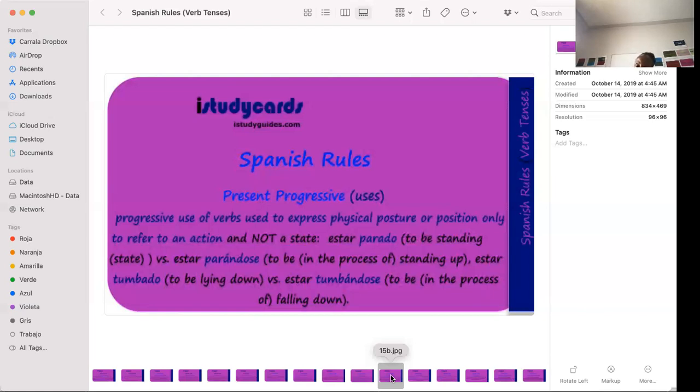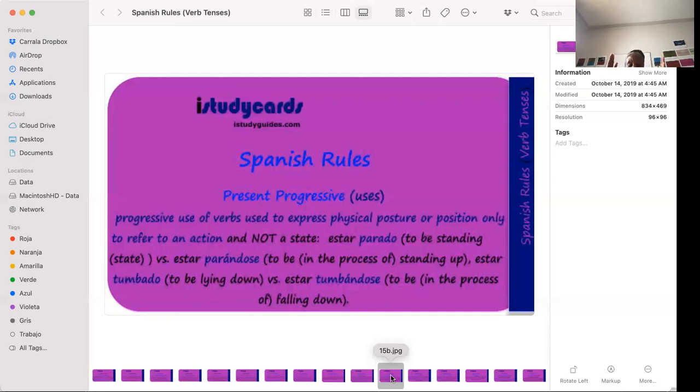It might be that you have to learn a little bit more, depending on where you are in understanding Spanish, whether this makes sense or not. Let me see, to be standing, no, it's not the same, because in English, to be standing, you still use the continuous or the progressive form or the present participle.